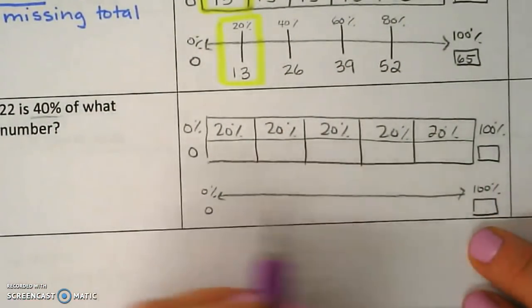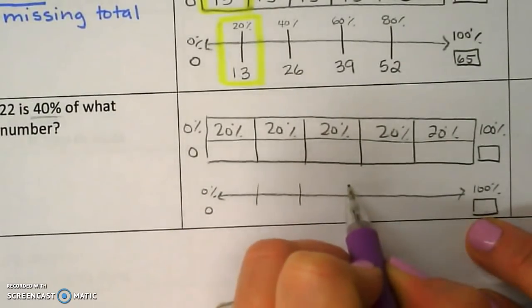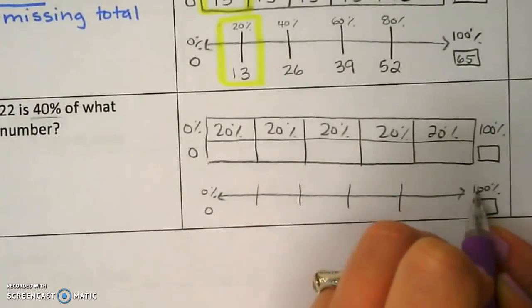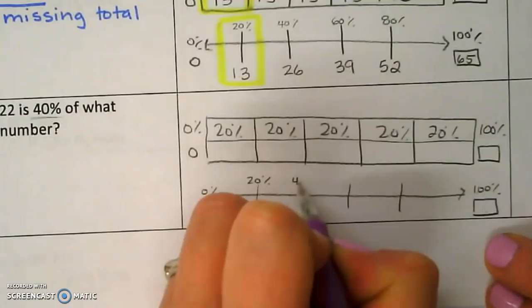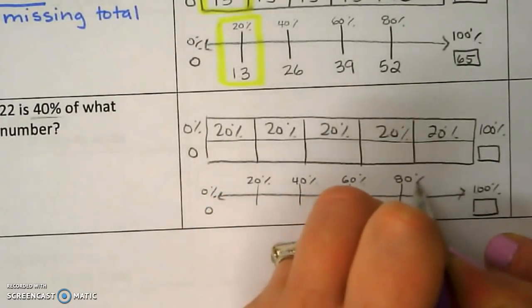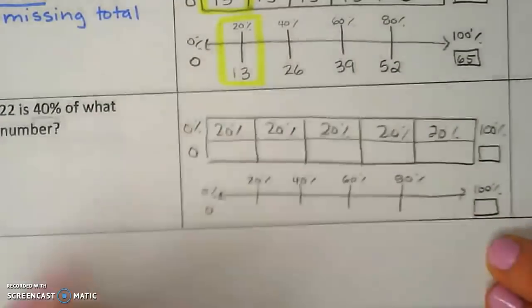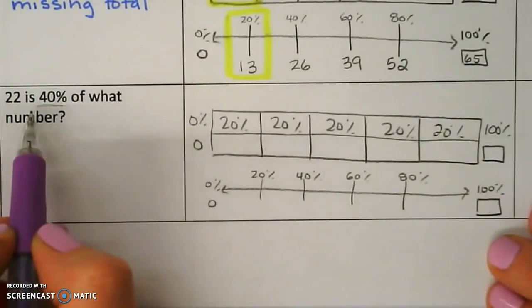And down here, if I want to cut this into 20% pieces, there's 20, 40, 60, 80. My 100% is already at the end. And there's my 100.